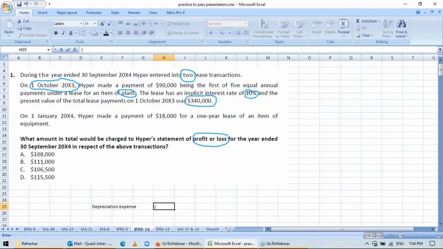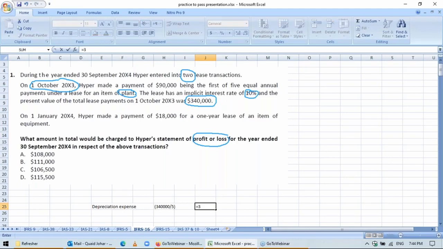They haven't told you anything about useful life or the title transfer, so simply you have to charge depreciation over the lease term. 340,000 is the present value at which you will be recognizing the asset, divided by 5 years to calculate the depreciation.